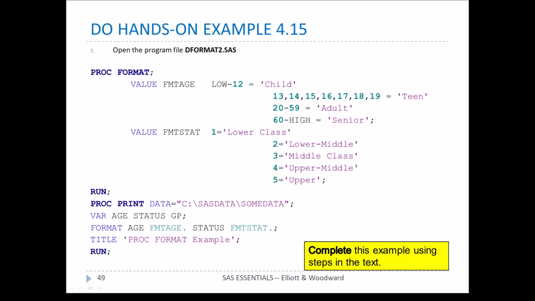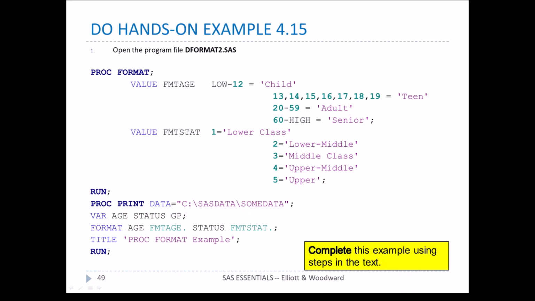So let's look at hands-on example 4.15. Open up the program file dformat2, and we see now that we have a PROC FORMAT at the top of our program where we are assigning a format called FMT_age and one called FMT_stat. This is socioeconomic status, and we can see we have five values of that, and we have our age values that we've assigned.